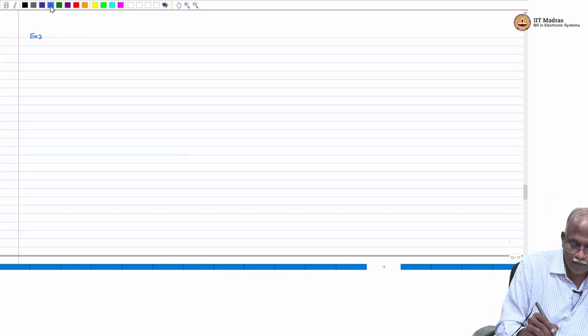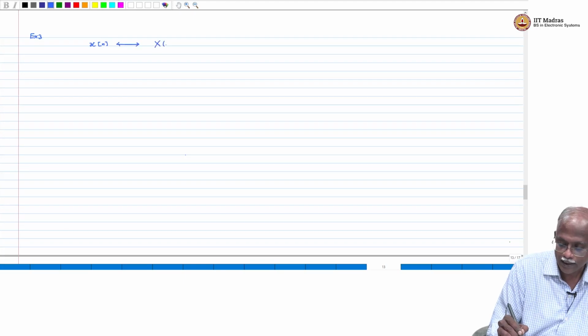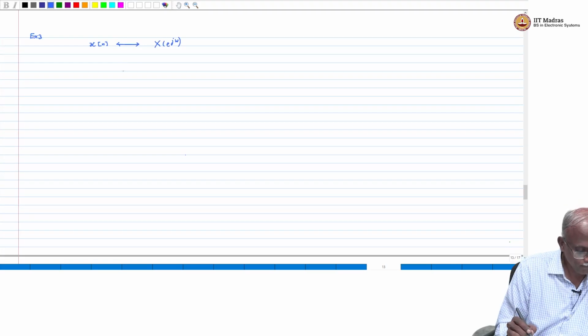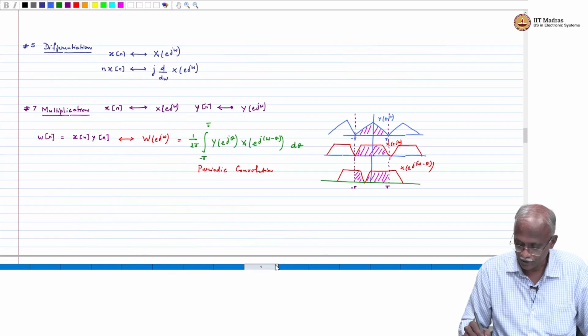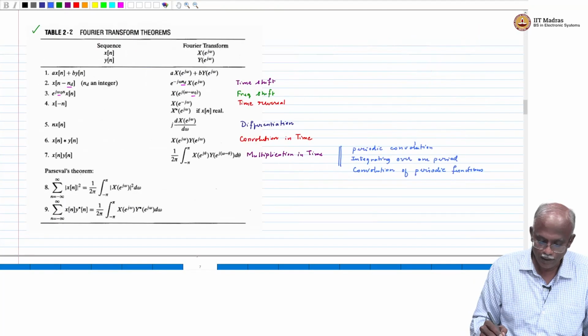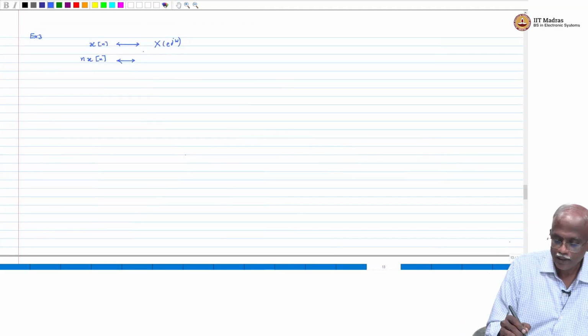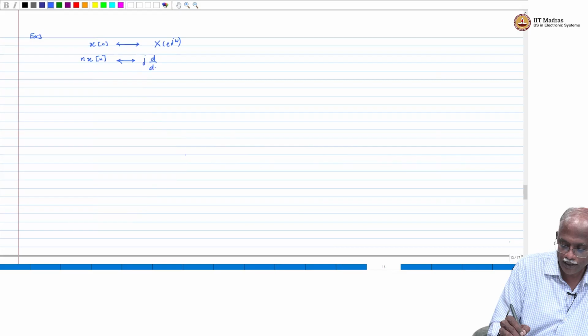If you have a sequence x of n with discrete time Fourier transform X of e power j omega, then using the differentiation property, n times x of n is j times d by d omega of X of e power j omega.